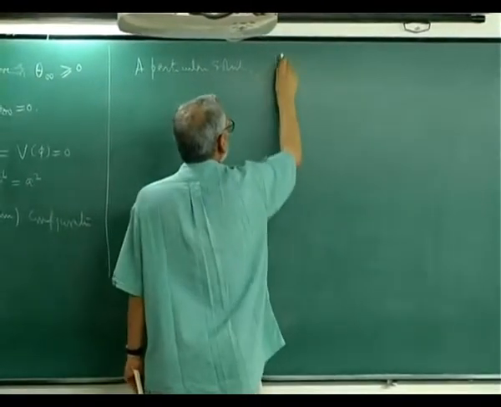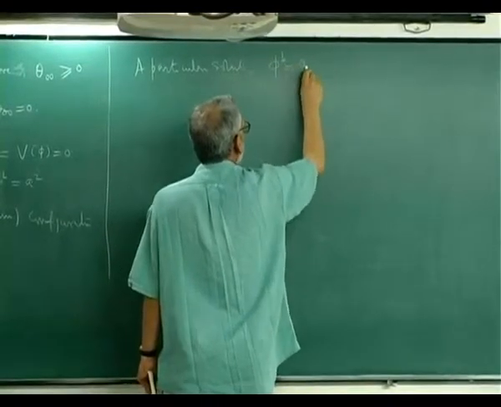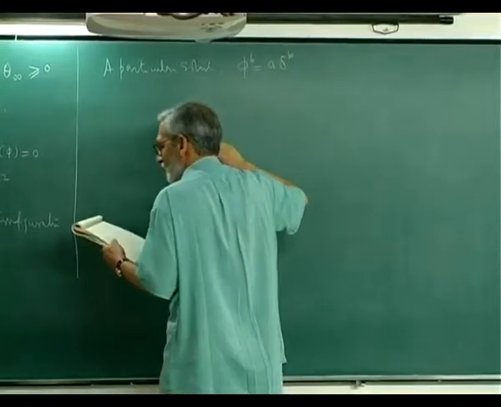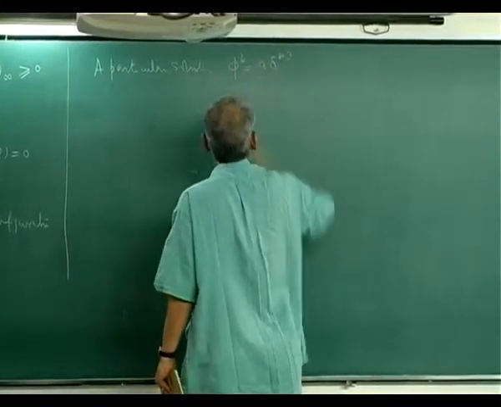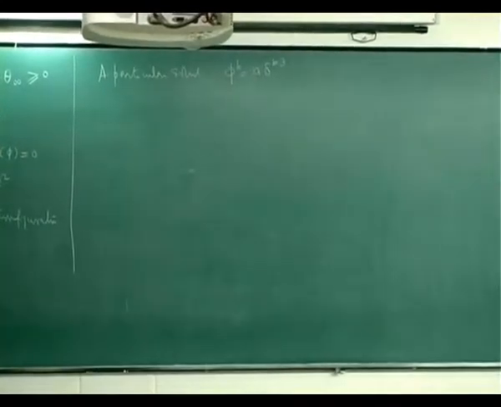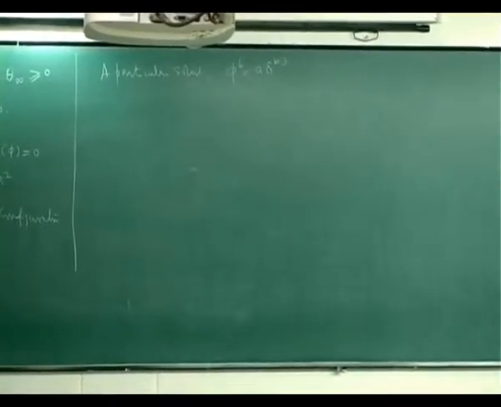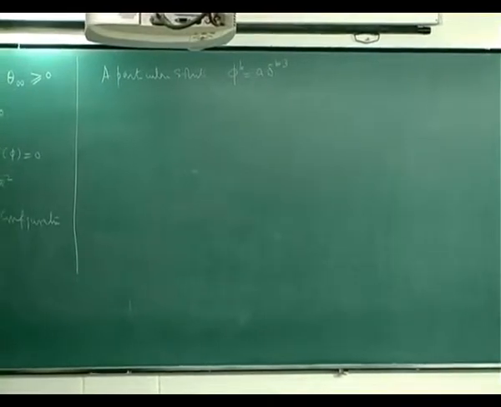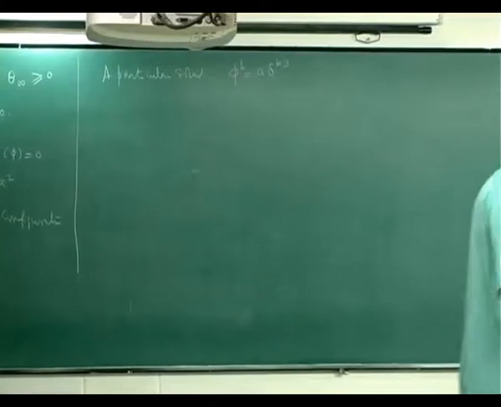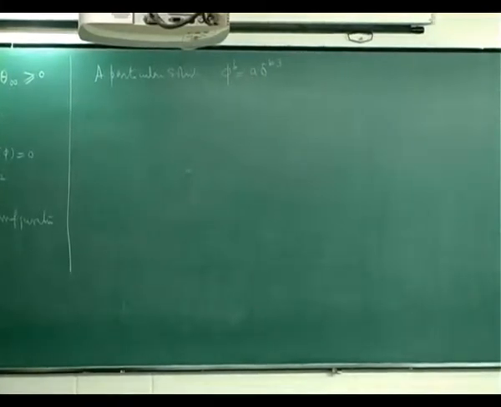Which is that phi b is equal to a times delta b3, in what direction do I have to put it? Which means phi b is a vector in the internal space, in the SU2 space, with components 0, 0, and a.